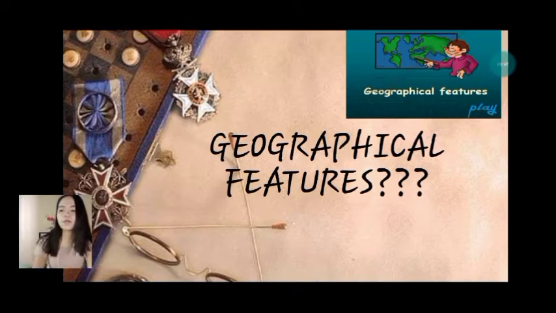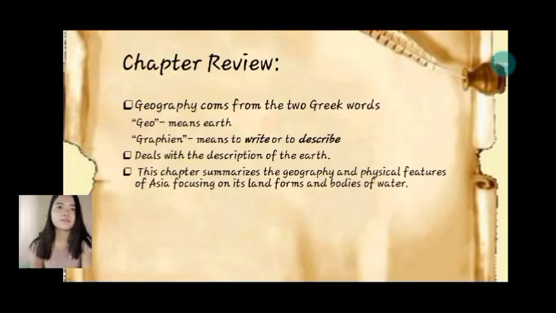So in the first chapter, we have the topic of geographical features. So let's proceed to the chapter review. Geography comes from two Greek words. First, geo means earth, then graphein means to write or to describe.